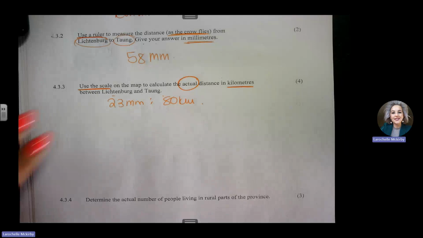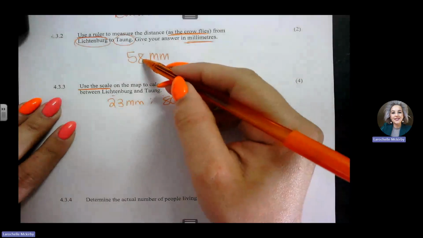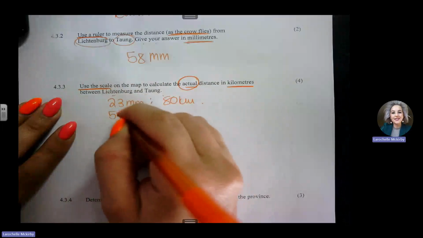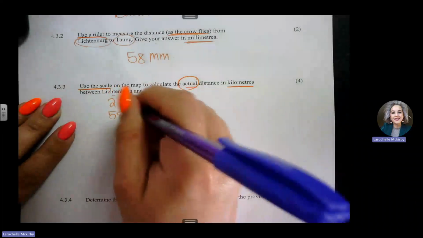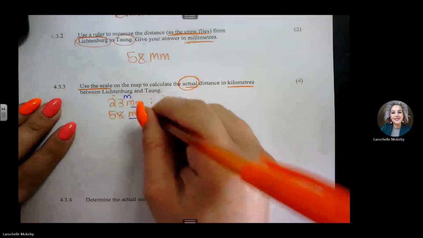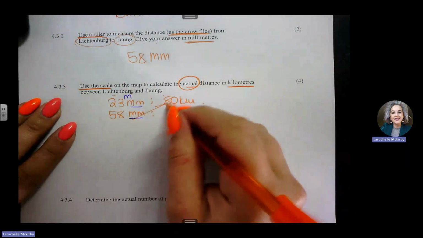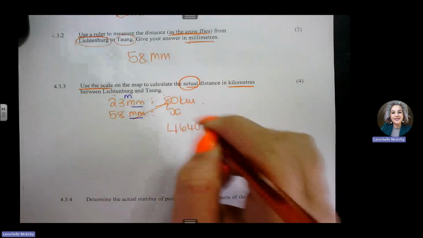And now we are going to calculate the actual distance. So this is the distance on the map, meaning I should put it there because it comes from the map and because my two units are the same. This side I put an X and I say 58 multiplied by 80. That is 4,640.